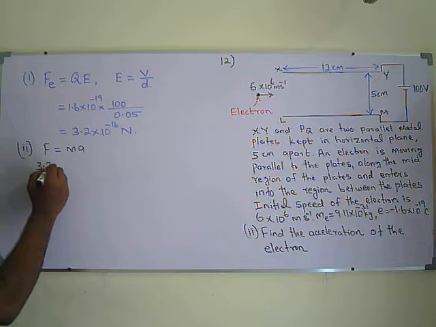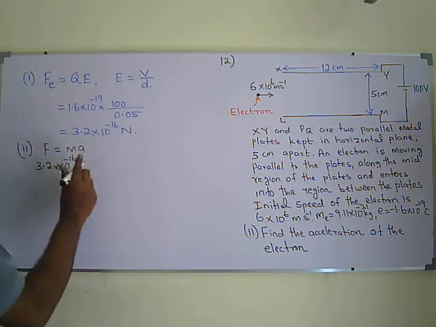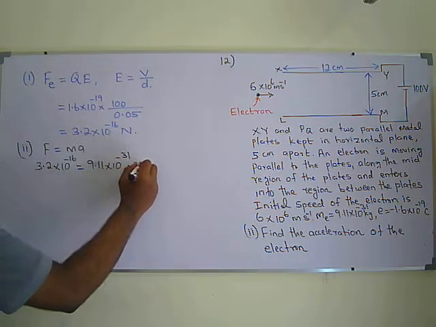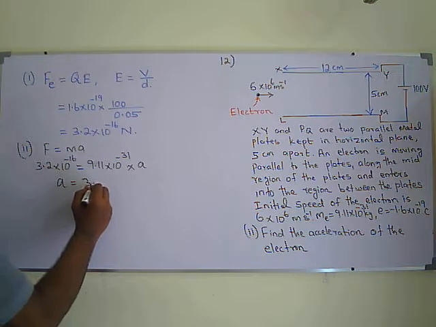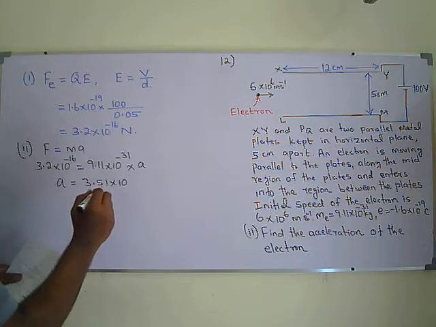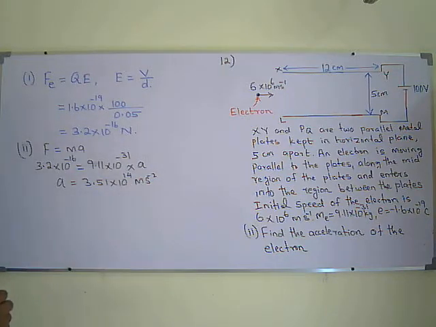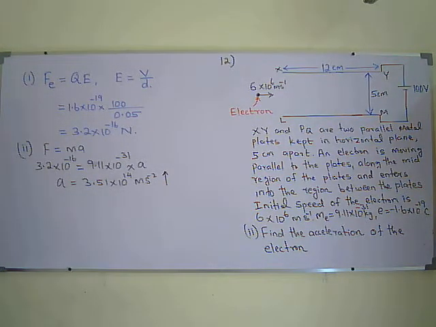That is 3.2 × 10^-16 equals the mass of the electron, given as 9.11 × 10^-31, times A. Solving for A, we get 3.51 × 10^14 meters per second squared, towards the plate XY, because the force is upwards, so the acceleration is also upwards.